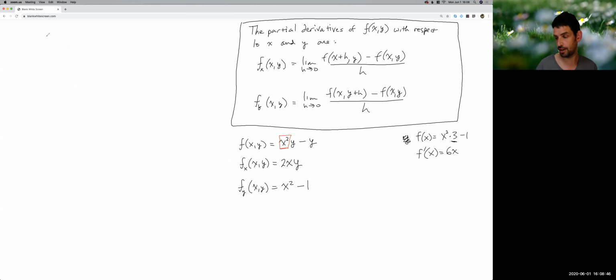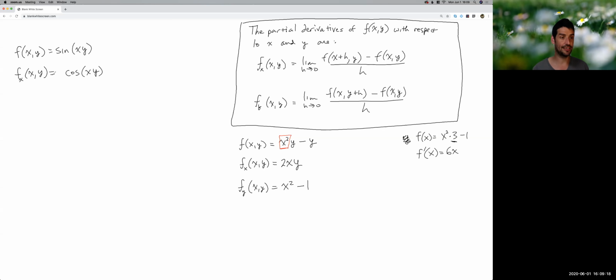Let's see, let's do a couple slightly harder ones. f of x y equals sine of x y. If I take the derivative with respect to x, we've got a chain rule here because we've got a function inside and we've got a function outside. So the derivative of sine is cosine of x y.